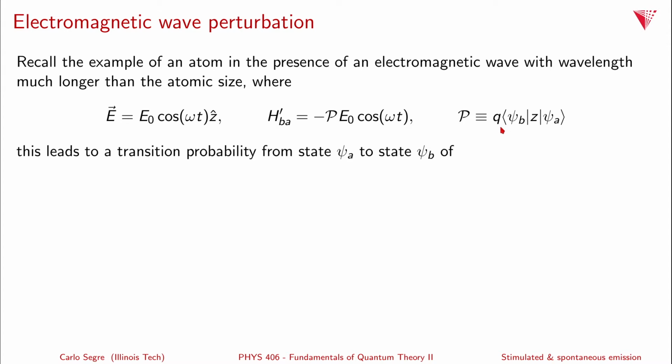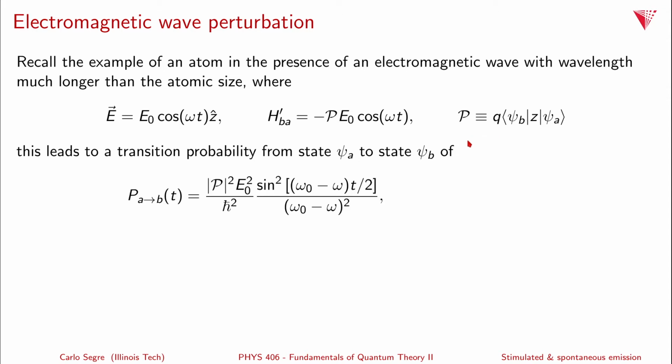This leads to a transition probability from state psi a to psi b, which can be written as P sub A to B of t equal to the polarization modulus squared, E sub 0 squared over h bar squared, times sine squared of (omega 0 minus omega) t over 2, divided by (omega 0 minus omega) squared, where omega 0 is just the difference in energy between state B and state A divided by h bar.